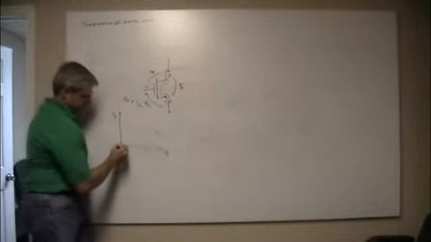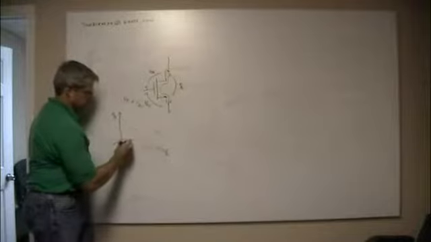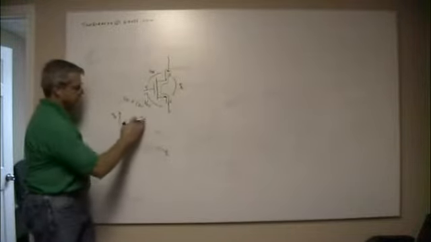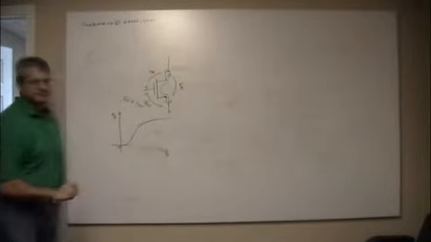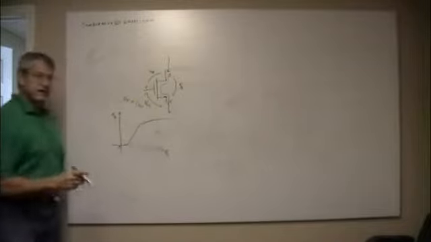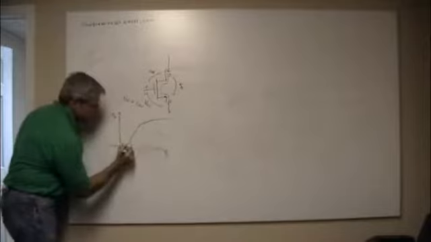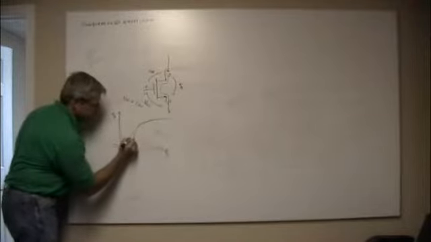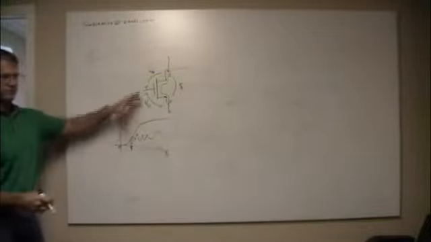What happens is I increase this voltage from 0, nothing happens, nothing happens, nothing happens, and then it follows a curve like that until you reach some saturation current, and then it kind of comes over like that. This is an exponential thing. You can see how if I was wanting to do an amplifier, I could do just a little bitty change here, and that would come up to a really big change there. That's how an amplifier works. You're just playing with these things.